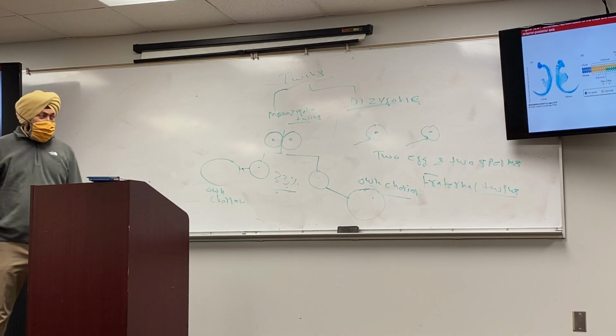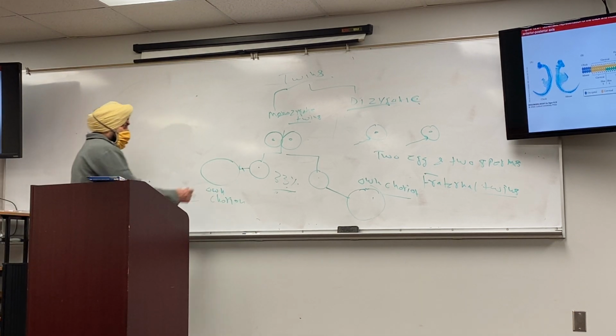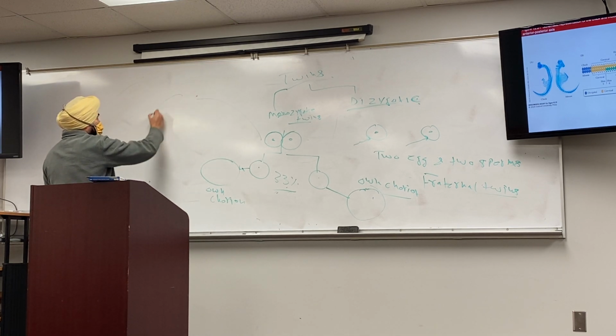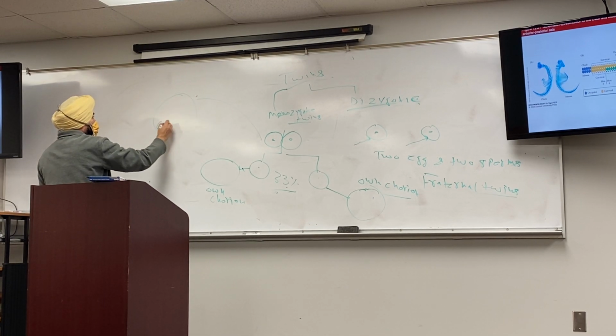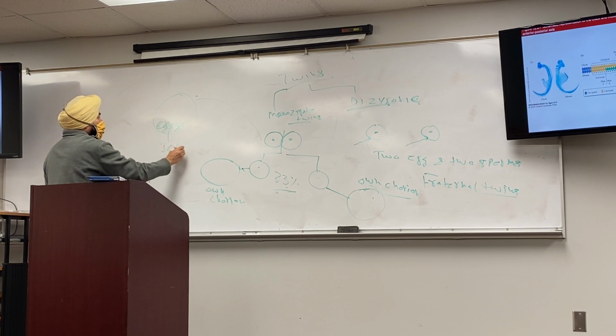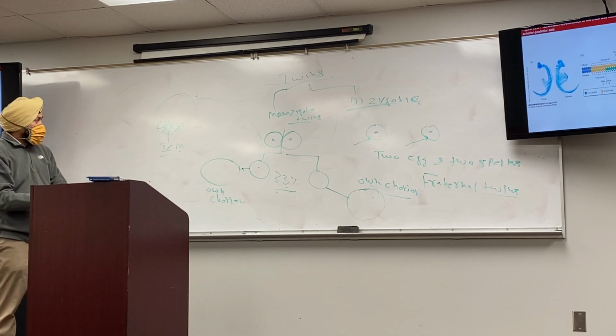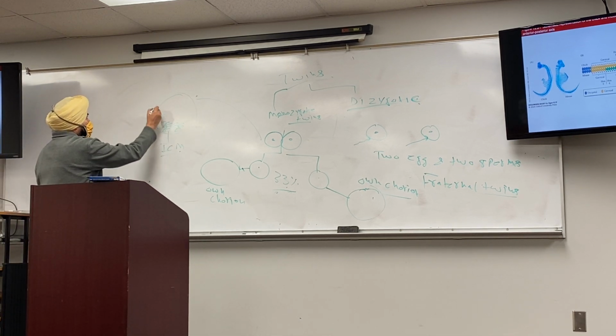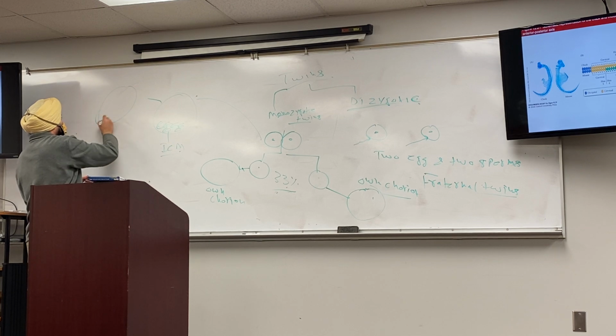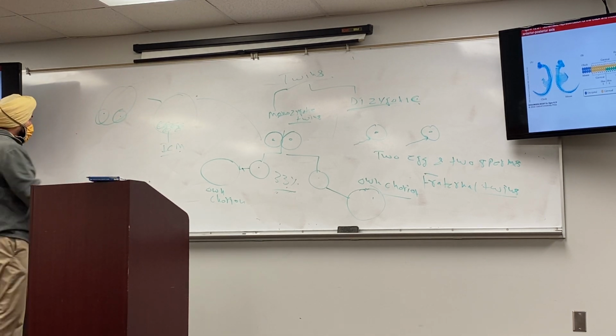Okay. Now what can happen? Say they keep on dividing like this. So the ICM is formed, right? And then the ICM separates in two. So what is going to happen?